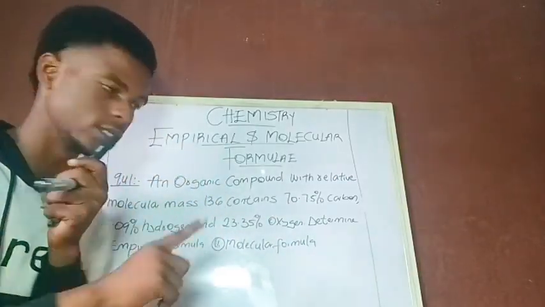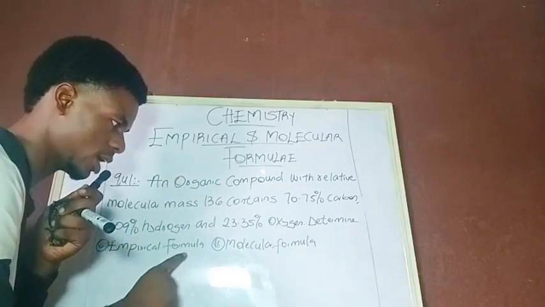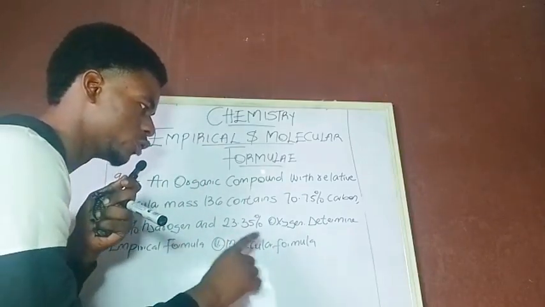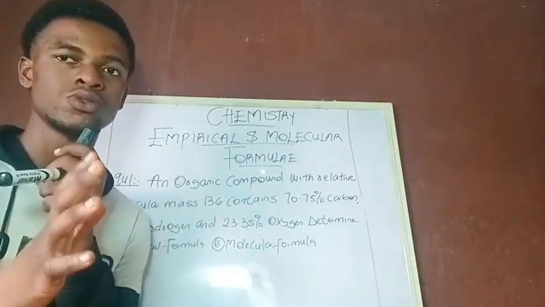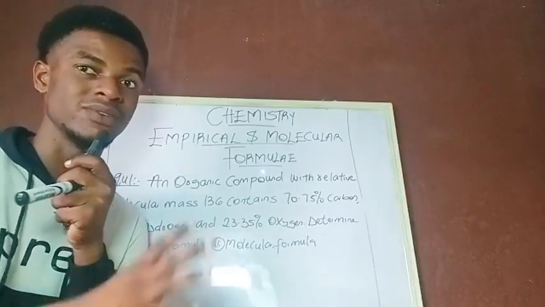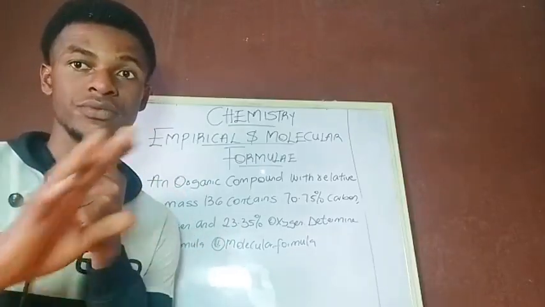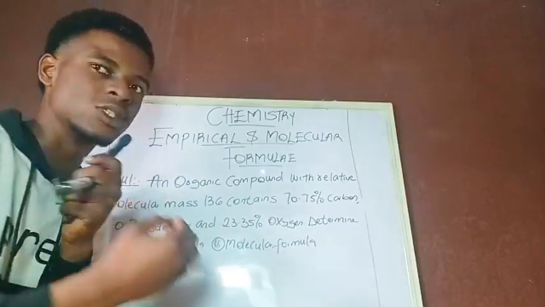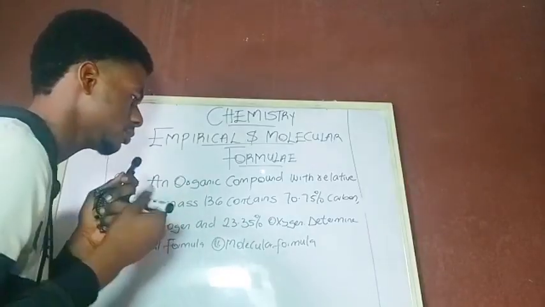Determine the first one, empirical formula, and the second one is what? Molecular formula. Now, a lot of students usually find this particular topic very, very difficult and very, very confusing. Why? Because they do not understand the basics.